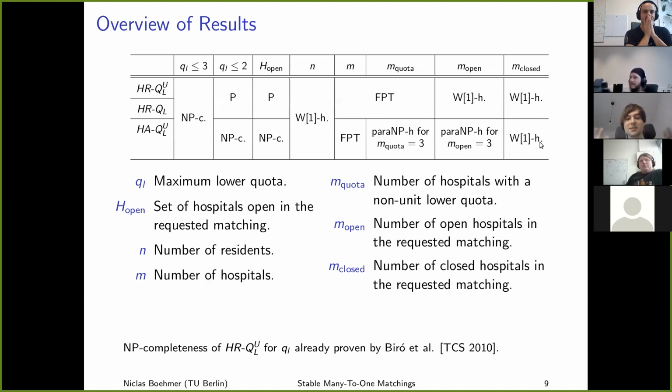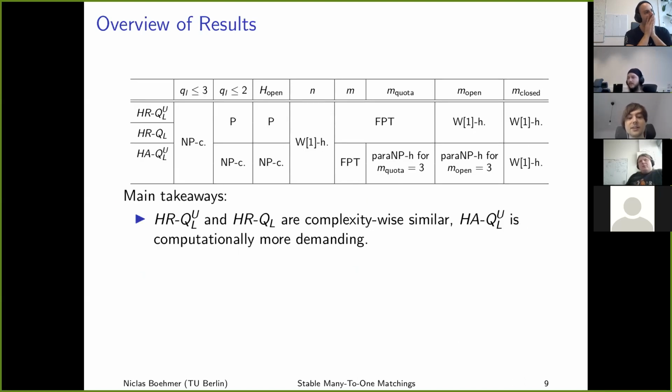Okay, so what should you take away from this large table? We believe that we have at least 2 very interesting takeaways. The first one is that the hospital residence problem with lower and upper quotas and the hospital residence problem with just lower quotas are complexity-wise very similar. For all of the questions we considered, they fall into the same complexity class.